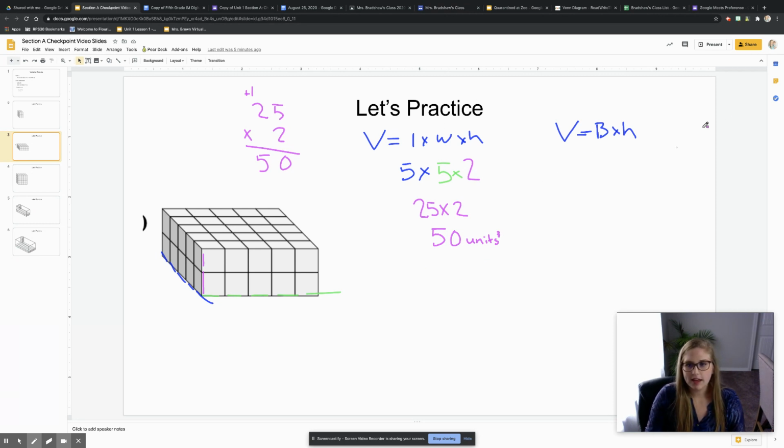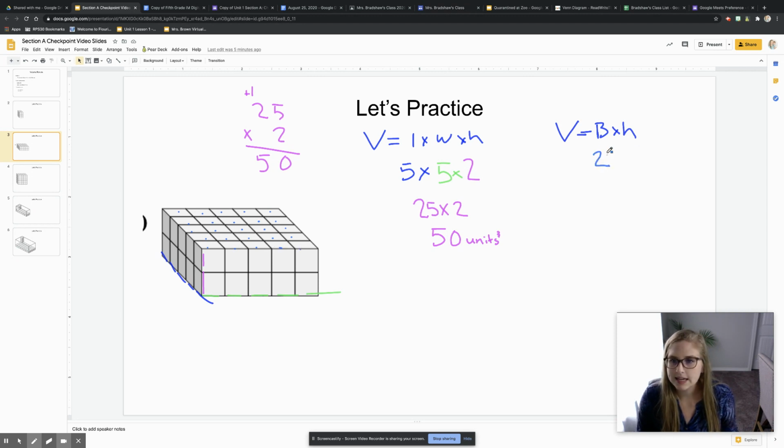So let's solve it another way. If it asked me for another equation for this figure, I could figure out what the base is. I can't see all of the cubes on the bottom, but I know the bottom and the top are the same, so I'm going to count the cubes up there. 1, 2, 3, 4, 5, 6, 7, 8, 9, 10, 11, 12, 13, 14, 15, 16, 17, 18, 19, 20, 21, 22, 23, 24, 25.